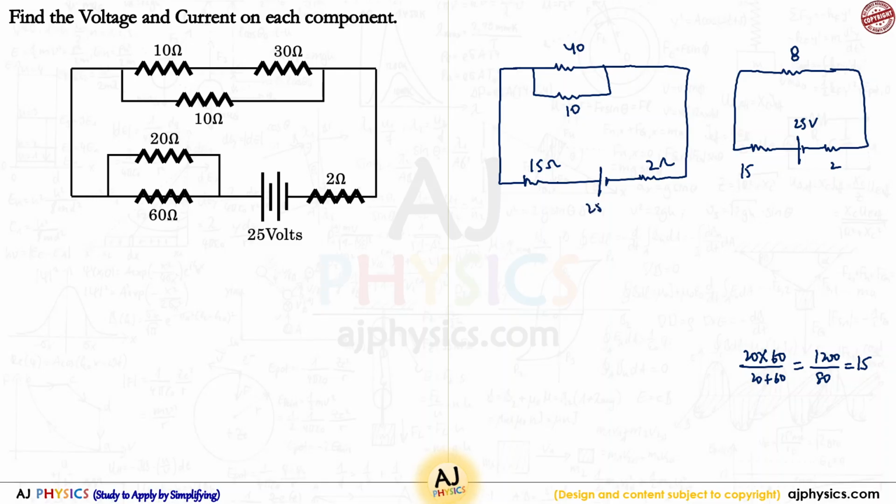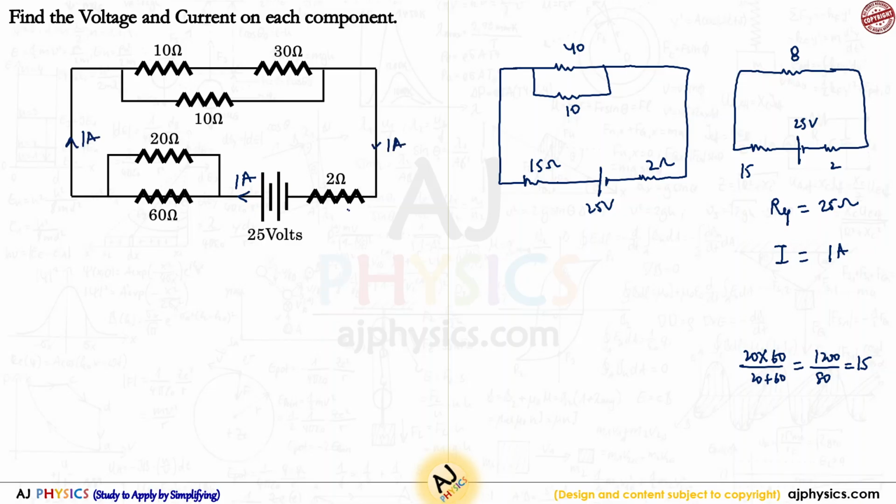So the equivalent in this case is 25 ohms. All of them are in series, and the current will be 1 ampere because the battery is 25. So 1 ampere will be leaving from here and reaching all through the circuit.